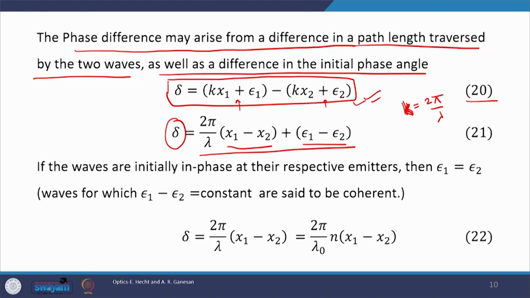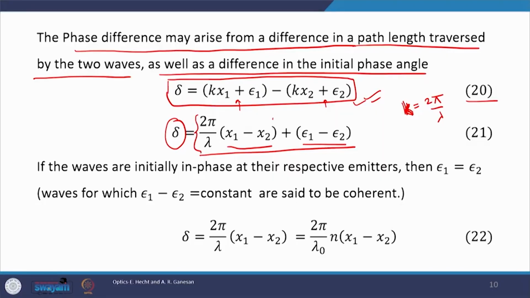x1 is the path traversed by first wave, and x2 is the path length traversed by the second wave, and x1 minus x2 is path length difference. If you multiply this path length difference by wave number, which is 2 pi by lambda, this gives us phase difference.